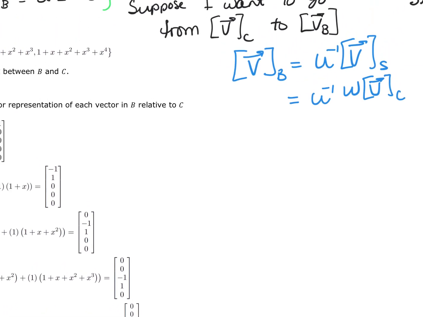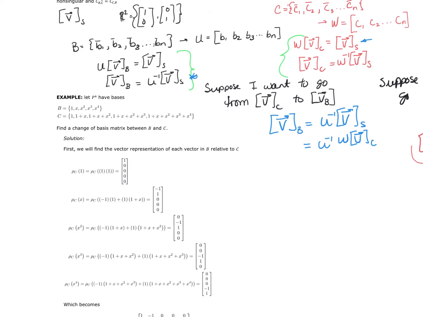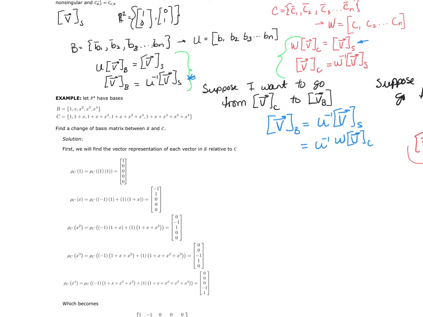So I would first build my matrix, which is my W matrix, and my W matrix would be 1, 0, 0, 0. That comes from this one. 1, 1, 0, 0. That comes from this element. 1, 1, 1, and 0. That comes from this element. 1, 1, 1, and 0.